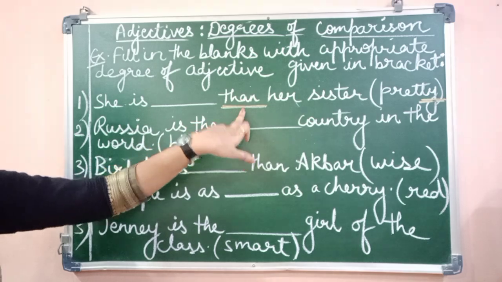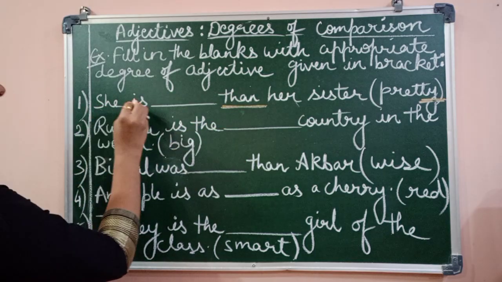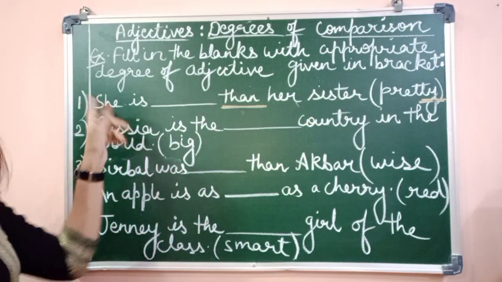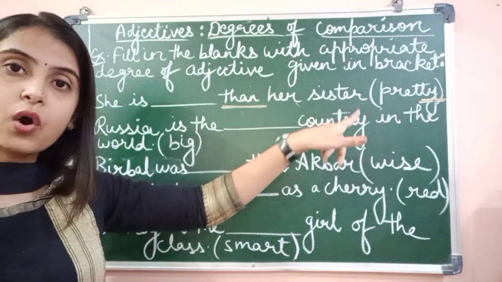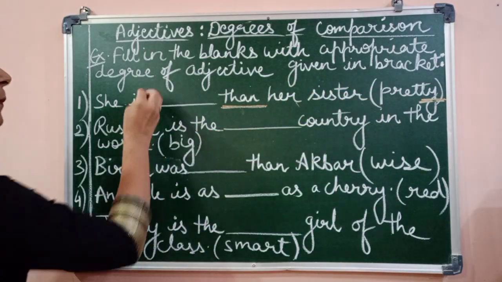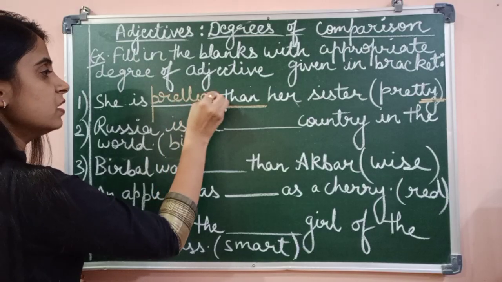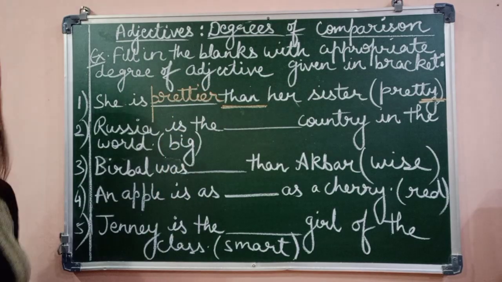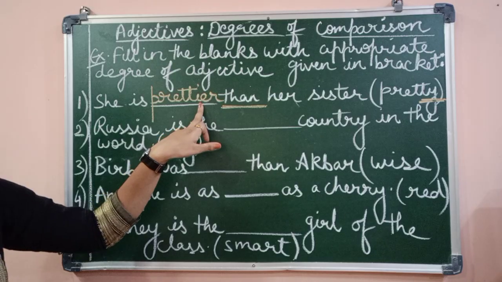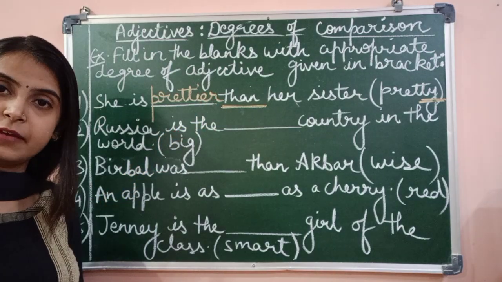So than shows that comparative degree will be used here. She is dash than her sister. We are comparing her with her sister. Alright. So the comparative degree of pretty will be prettier. She is prettier than her sister. I have put I in place of Y and added ER to make comparative.